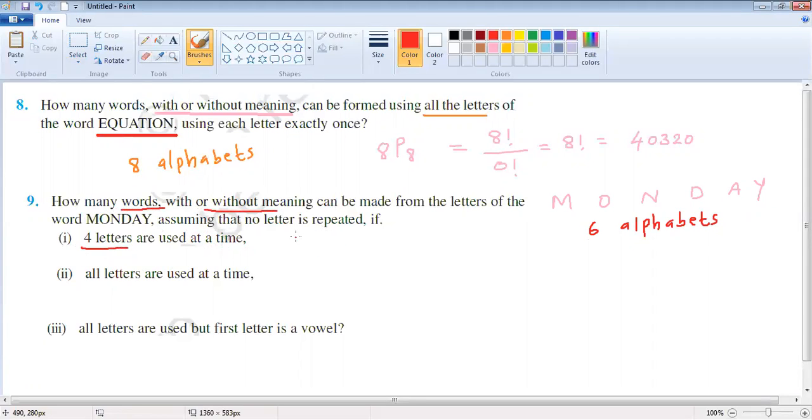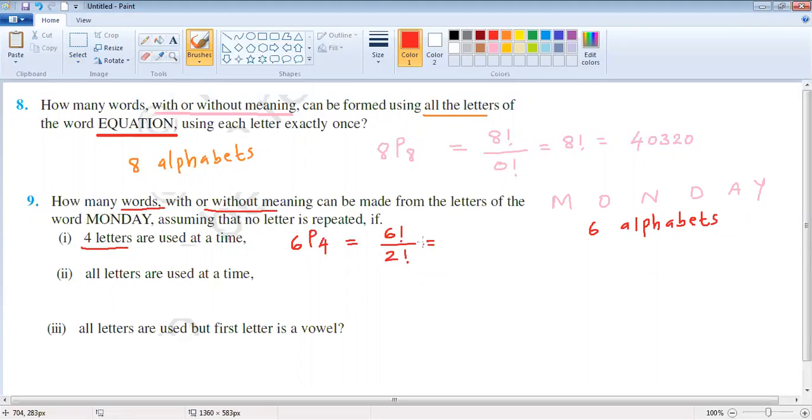So you have 6 alphabets. You can use 4 letters at a time. That means you have to select 4 letters, then arrange them. That means 6P4 ways. Number of permutations of 6 objects taken 4 at a time. Which is 6 factorial divided by 6 minus 4, that is 2 factorial.